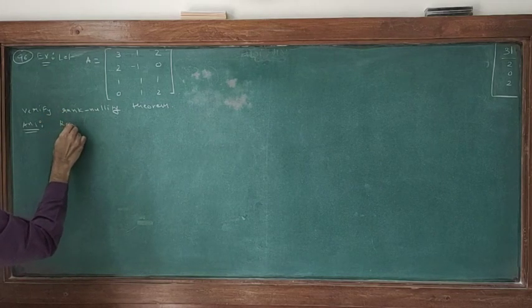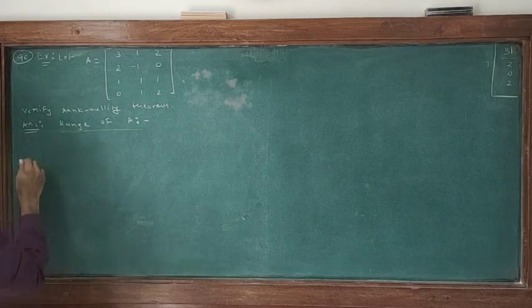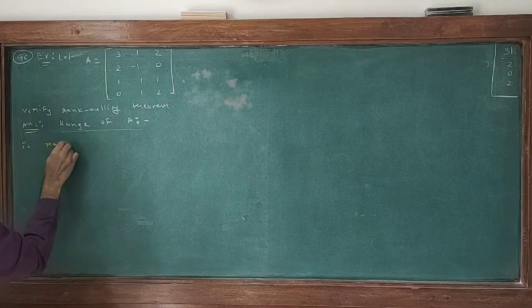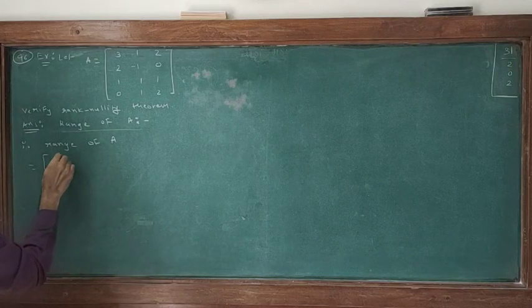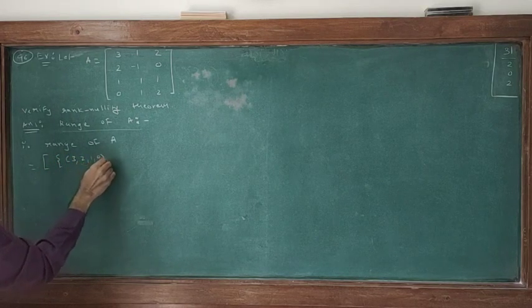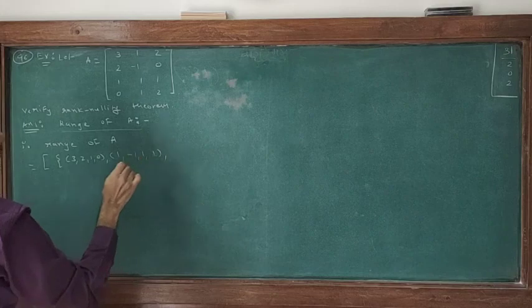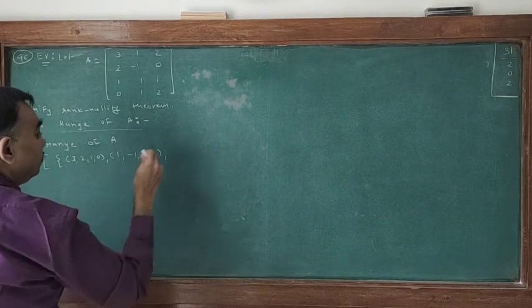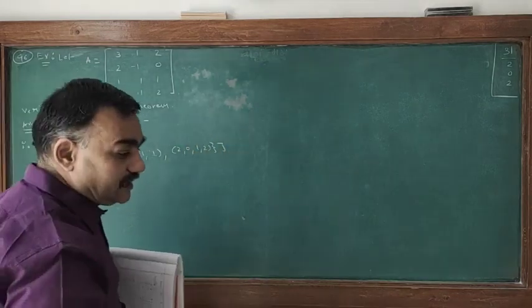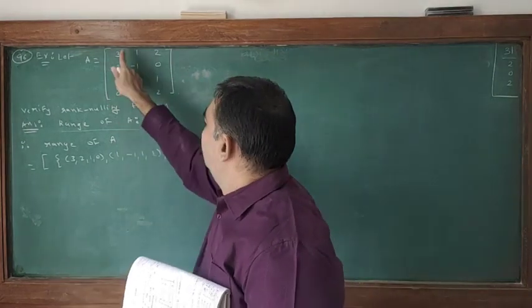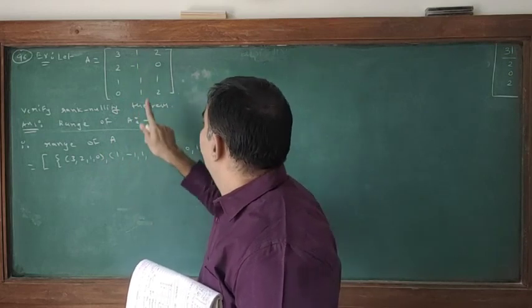Range of A. Therefore, range of A, that is 3 2 1 0, 1 minus 1 1 1, 2 0 1 2.